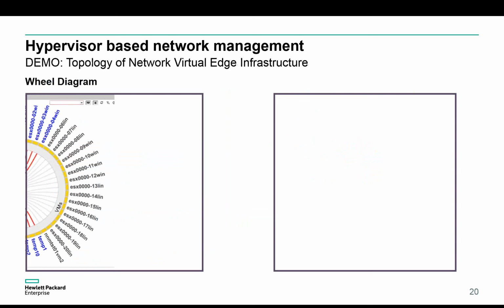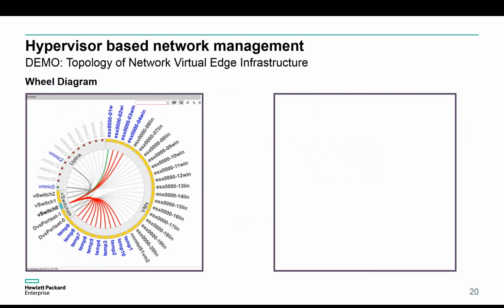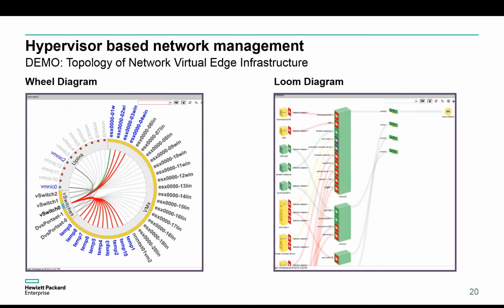Now, one of the things we're really excited about are a couple of new visualizations that we've introduced for the layer 2 environment. And I'll show you a demo of these in just a moment. We're calling these simply a wheel diagram and a loom diagram. Not a very exciting name, but a very functional description of how these visualizations work.